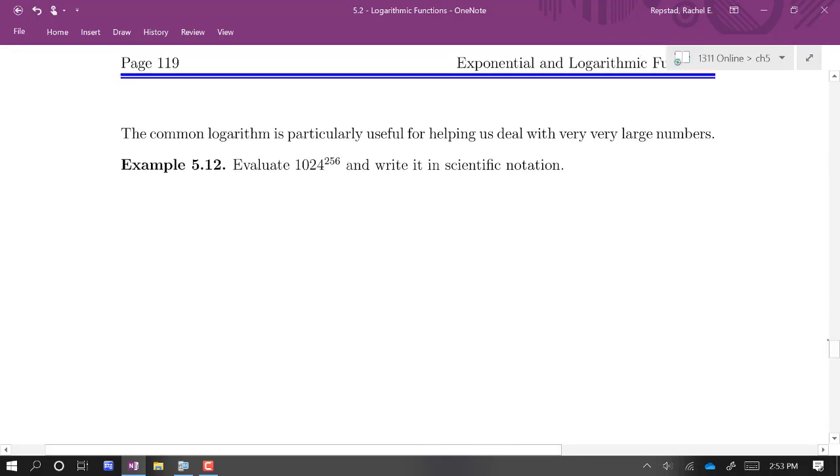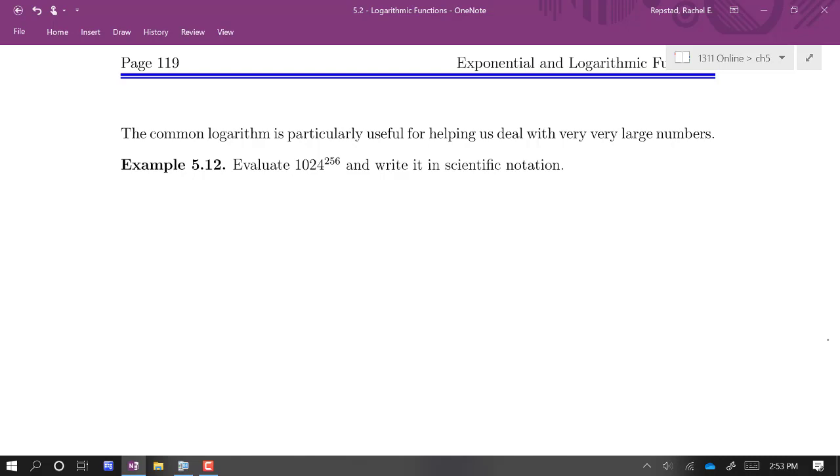All right, this next example is a problem that I put in the category of party trick mathematics. The common log is really useful in helping us rewrite very, very large numbers. You might recall back in chapter 2, we had a section on exponents and we looked at scientific notation. Scientific notation is really convenient if we're talking about numbers that are either crazy small or super huge.